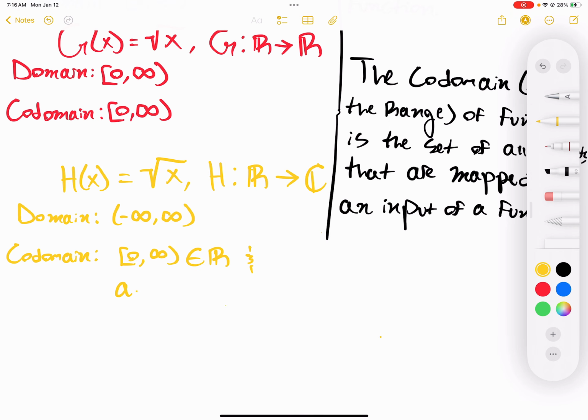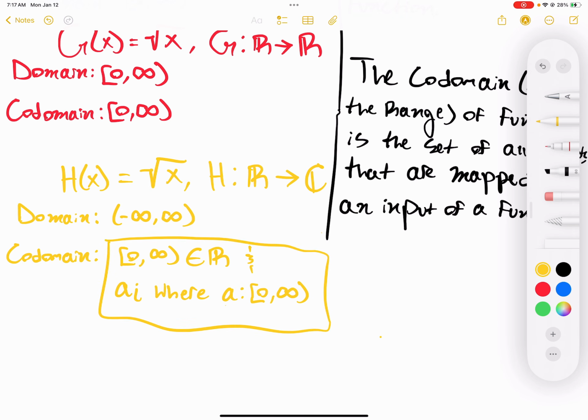We'll call it A i, where A is in the set from 0 to infinity. So this is our codomain.